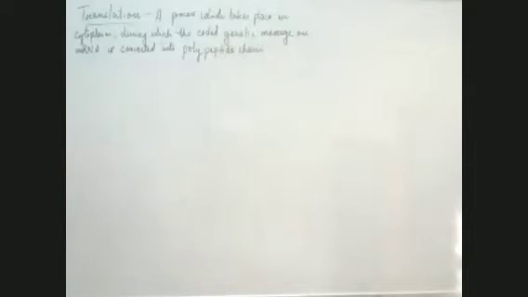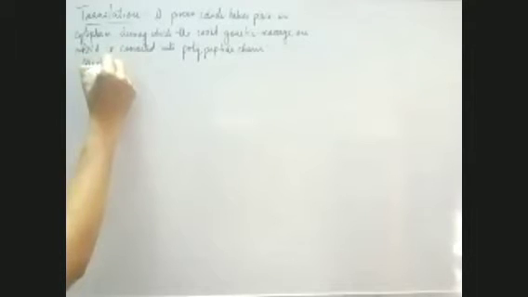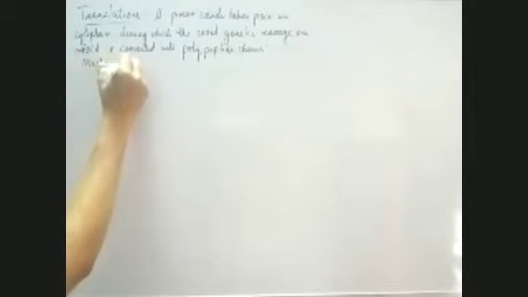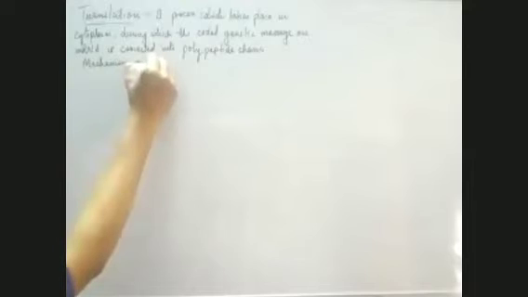So the coded message which is on messenger RNA is converted into polypeptide chain. This process is known as translation. Now, the detailed mechanism of translation goes on like this.